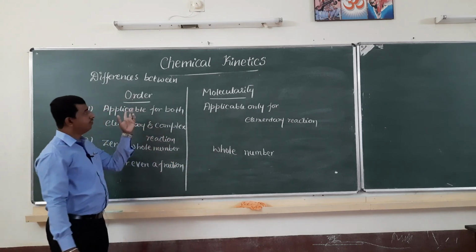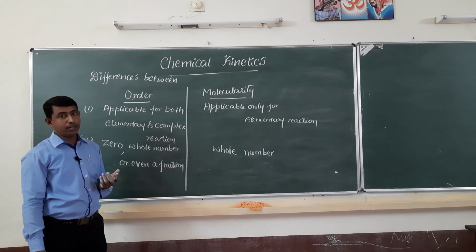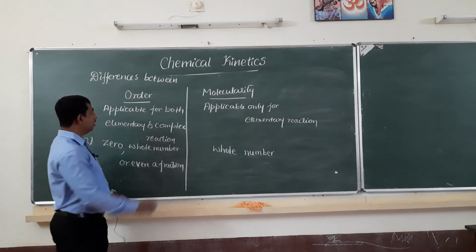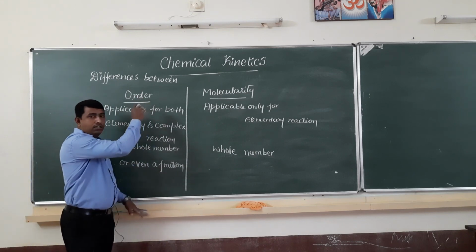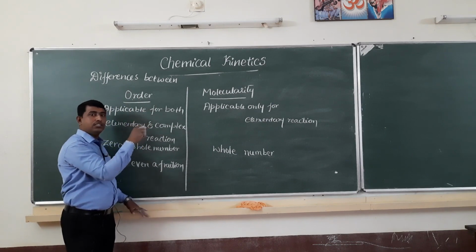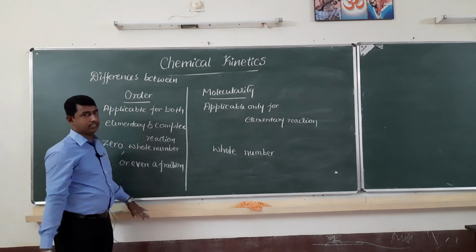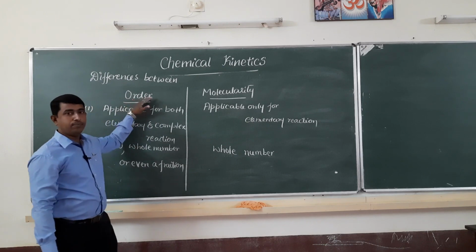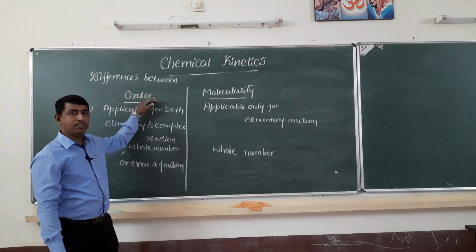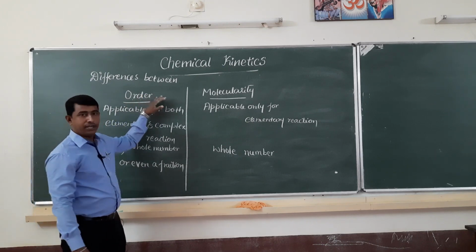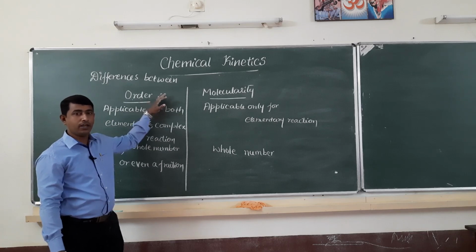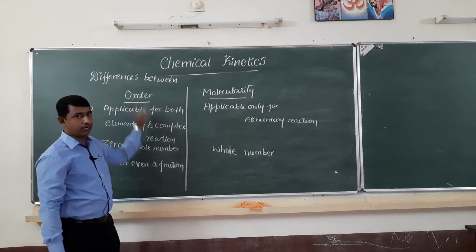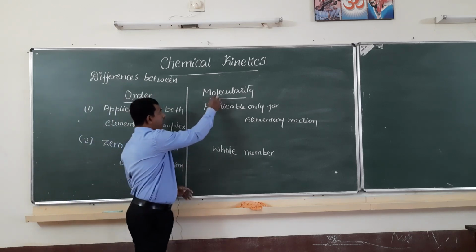Now remember, the definitions of order and molecularity are also important. Order means the sum of the powers of the concentration of the reactants in a rate law expression. What is molecularity?